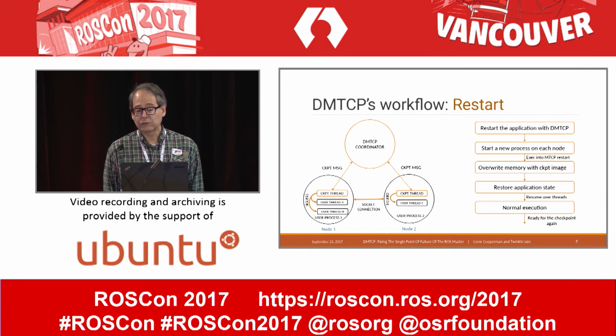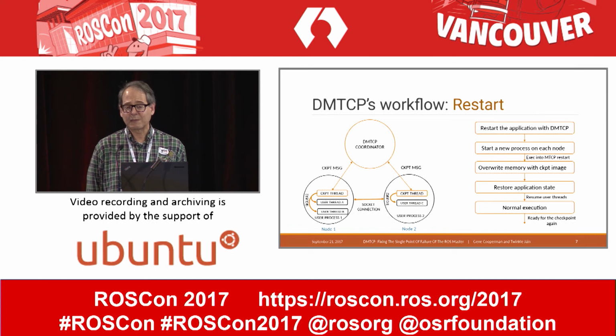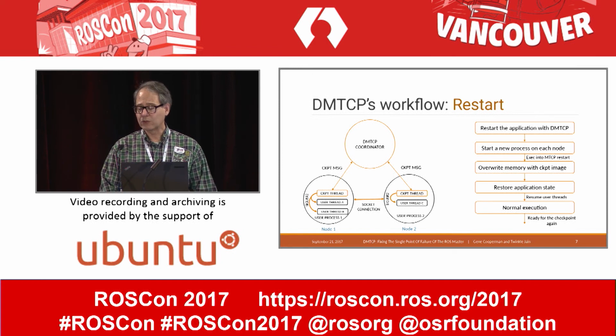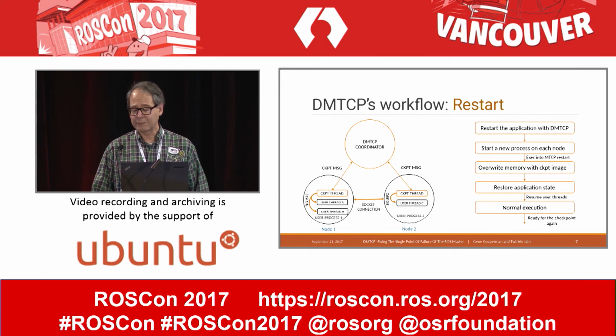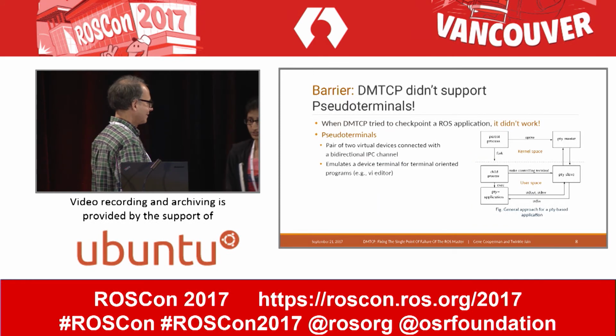Notice we do handle distributed or multiple processes. That's really important for ROS because you have many processes spread across multiple nodes. When we checkpoint, we save the state of absolutely everything, not just the ROS master, but also the various clients. That way, when we restart and bring them up again, they are in a completely consistent state because it looks exactly like the point when they were checkpointed.